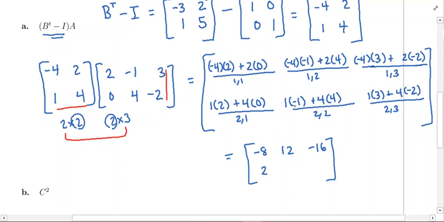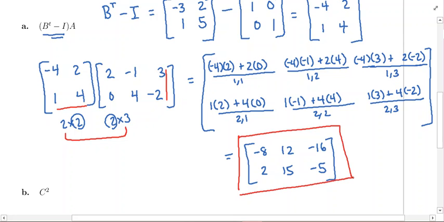Second row, second column: -1 plus 16 is 15. And lastly, 3 plus -8 is -5. Here is your answer. This is B transpose minus the identity, all times matrix A.